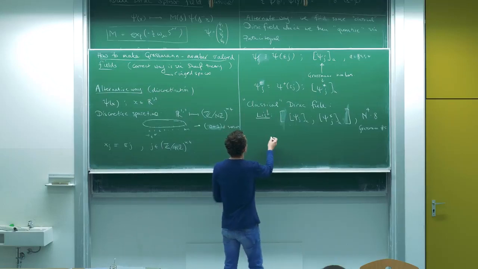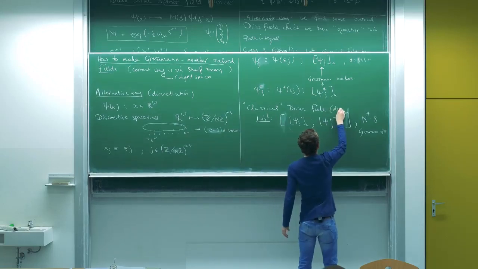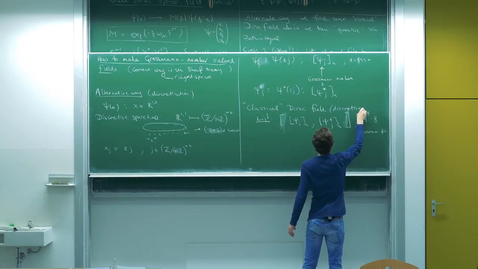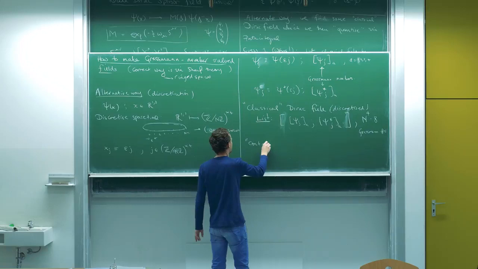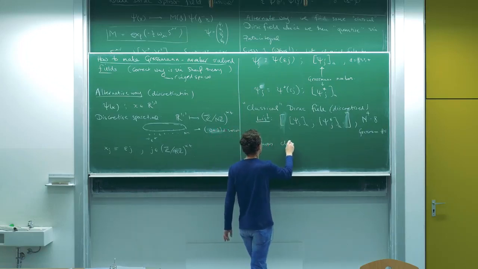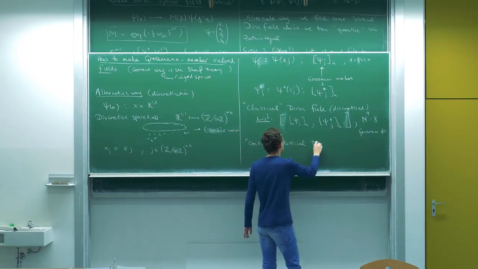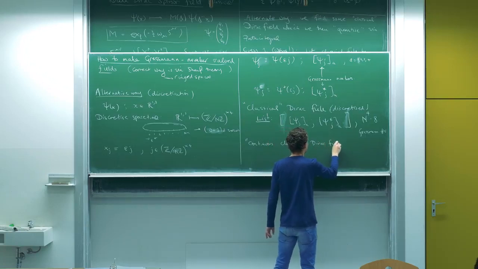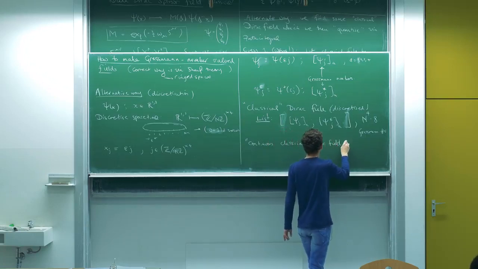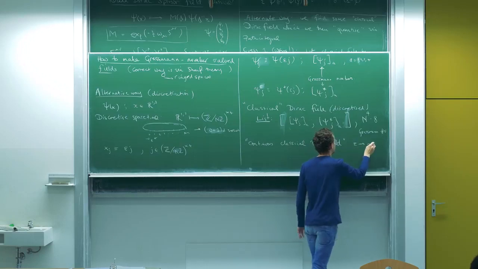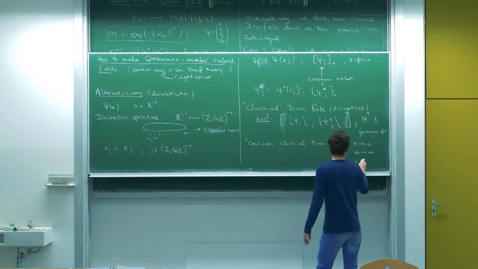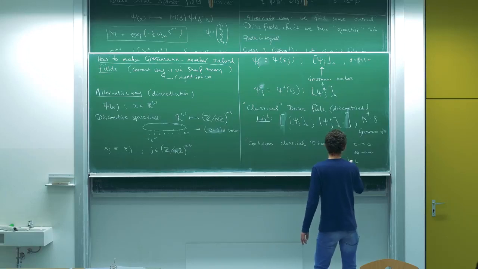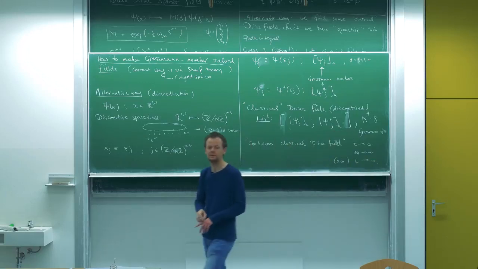And so, well, discretized. And so the continuous classical Dirac field is, if you can imagine it, where epsilon tends to 0 and n tends to infinity, and L, the size, also tends to infinity.